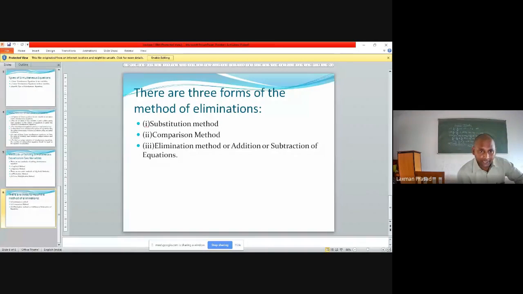In the first equation y is positive, and in the second equation y is negative. So while adding, cut the y. 2x plus 2x means 4x equals 8 plus 4, 12. Then the value of x equals 3. So put the value of x in the equation. The moment you put the value of x in the equation, you will find the value of y equals 2.